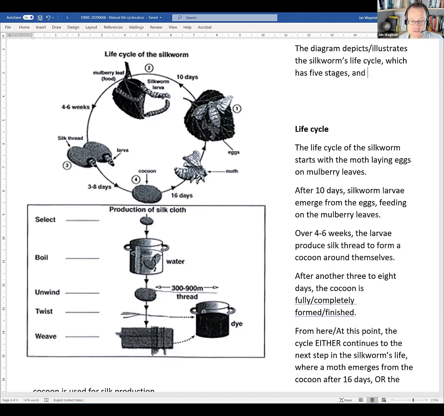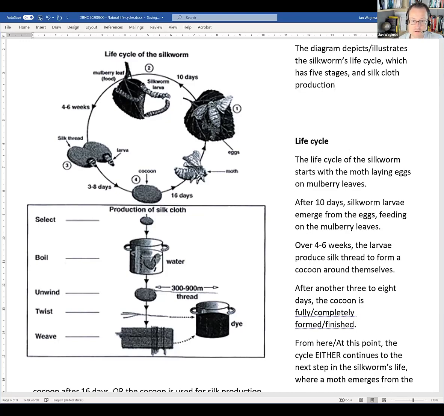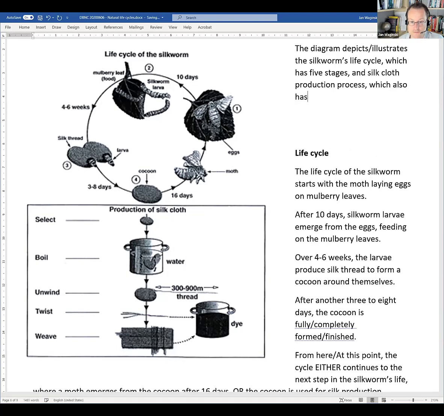Well, it's part of the diagram, so it needs to be part of the general overview. And the silk cloth production process, which also has 5.